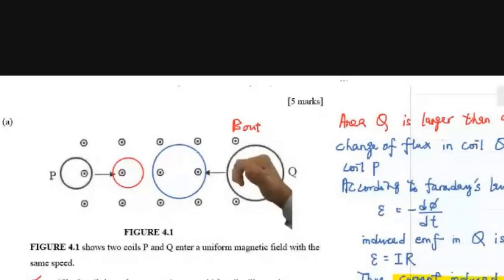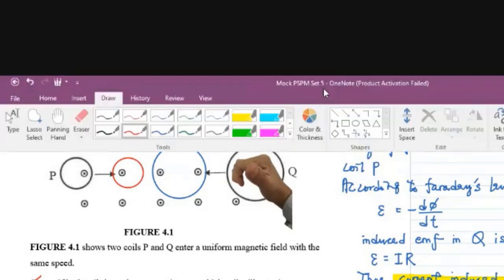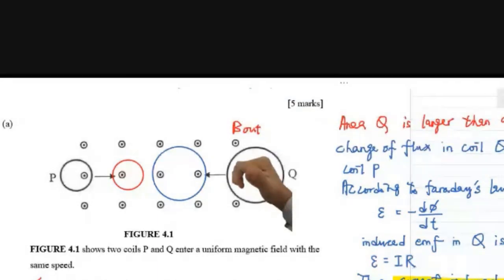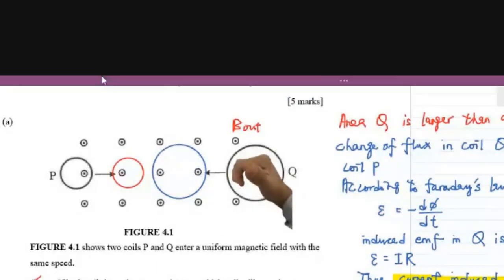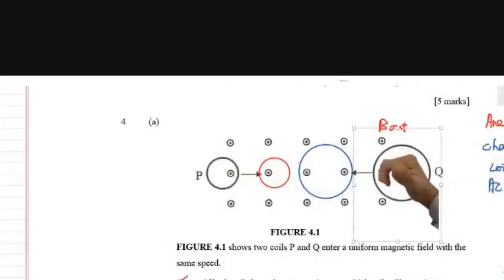So current induced mesti hasilkan induced magnetic field that opposite. So bila flux kita increasing, kita kena flipkan tangan kita. So we have to flip our hand. Jadi ibu jari yang keluar tu sekarang kena flip. So dia kena masuk ke dalam.